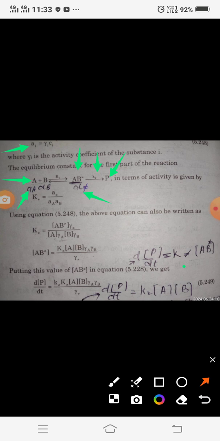After that, if we want to make the expression of a chemical reaction to determine the formation of the complex, we can show this expression of the rate constant in the form of the activity.